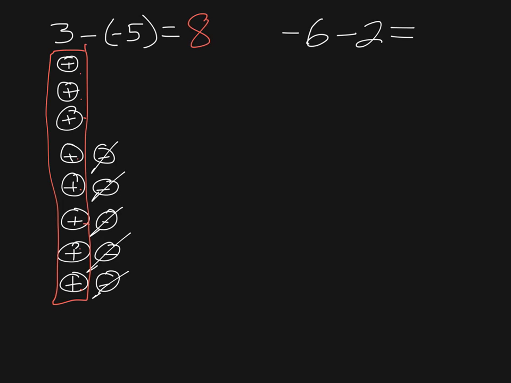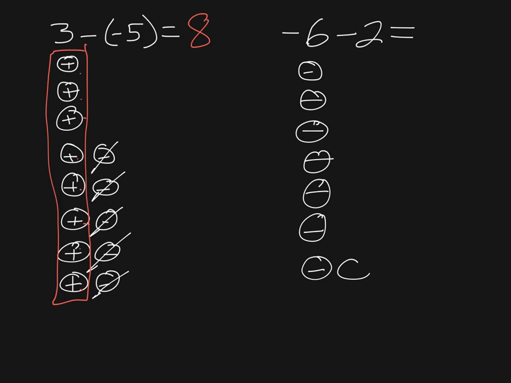We can do the same thing over here. We can start this off with 1, 2, 3, 4, 5, 6 negatives because I'm starting with negative 6. And this problem tells me to take away positive 2. I'm just taking away positive 2, but I don't have any positives. Now though, we've been practicing this, I know how to add them. I'm going to add 2 zero pairs. There's 1 zero pair.